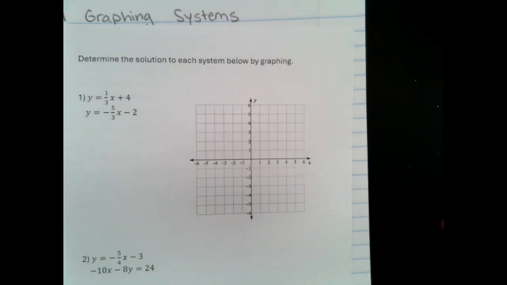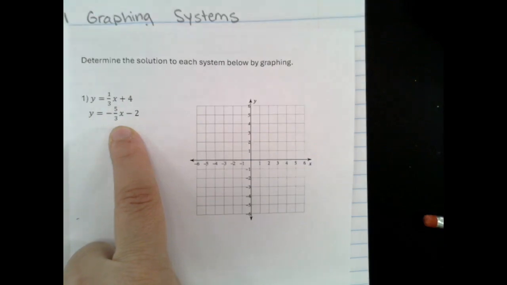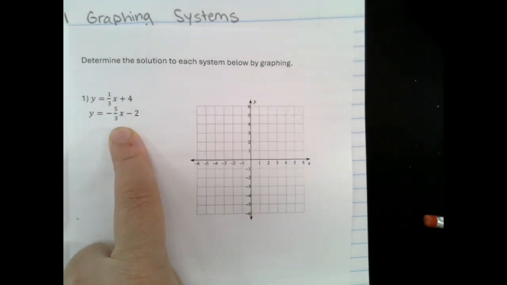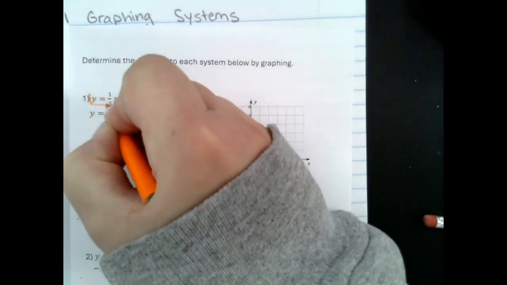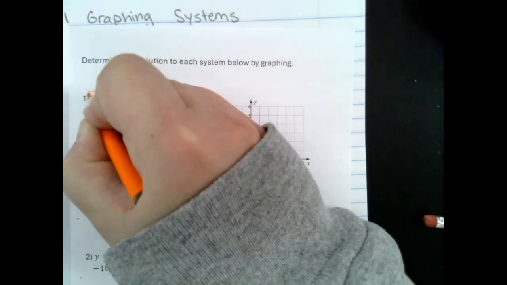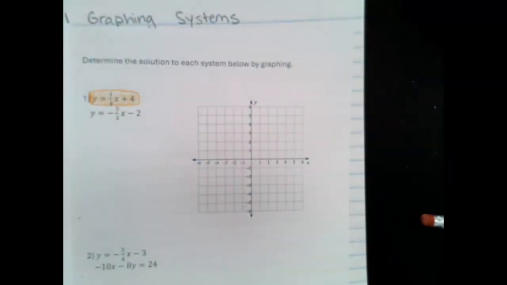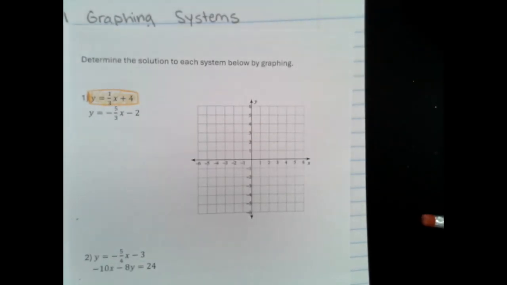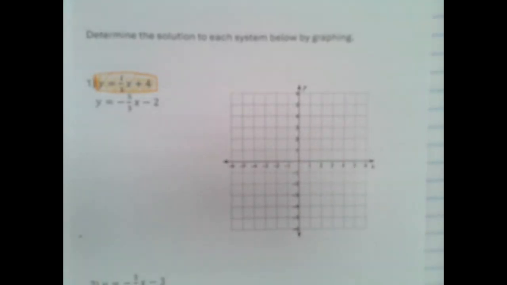We have 2 lines here. We have y equals 1/3 x plus 4 and y equals negative 5/3 x minus 2. So we're going to do one in orange and one in blue, or whatever colors you picked. I'm going to pick this top one in orange. All right, when we take a look at that equation, what form is that?